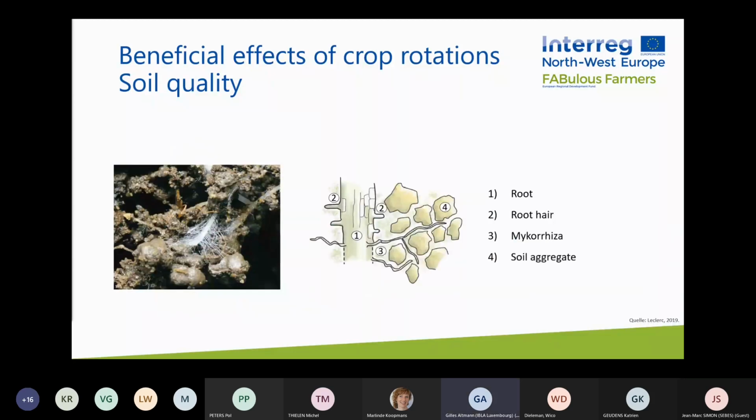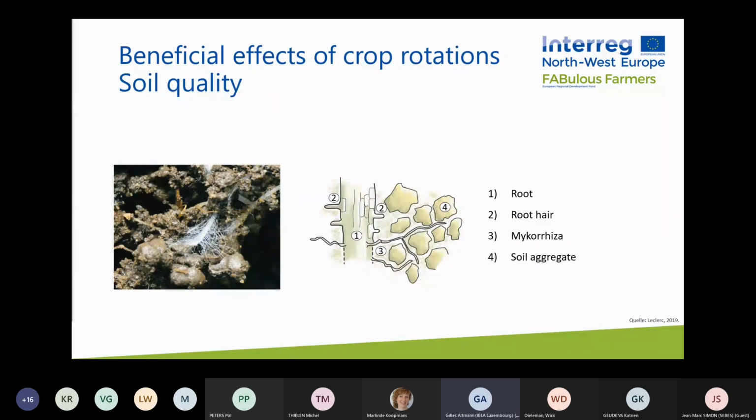Another positive effect is that a good soil structure and the diverse soil life enables an efficient nutrient use, as already told before. So a problem is that roots and root hairs alone are able to reach only a small soil volume around the roots itself. So nutrients stored in a soil volume which is far away is problematic.